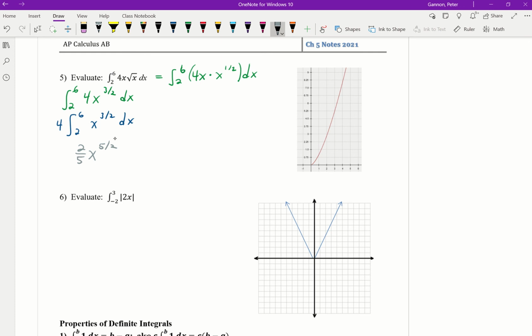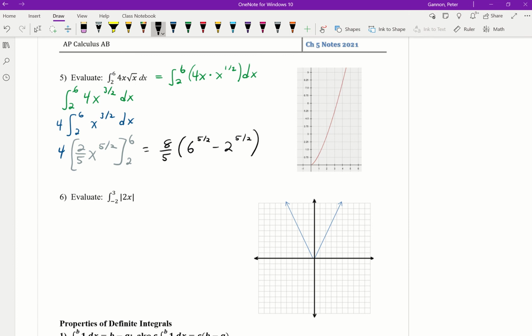Now you still have that 4 in front that you were multiplying by. It didn't go anywhere. And now we have to evaluate from 2 to 6. So you can take that constant out to help with some of the simplification. As you then go to evaluate this, we can multiply the 4 and the 2/5 to get 8/5. And then here we're going to have 6 to the 5/2 minus 2 to the 5/2.